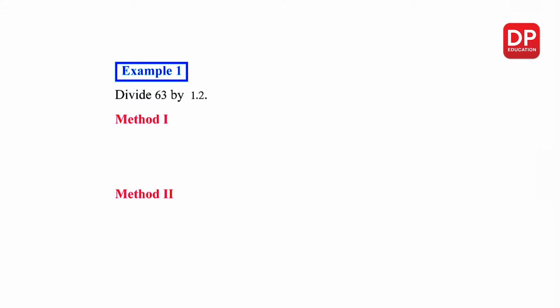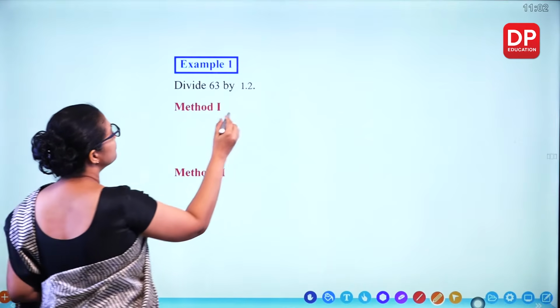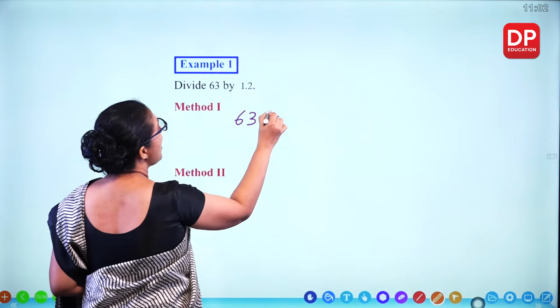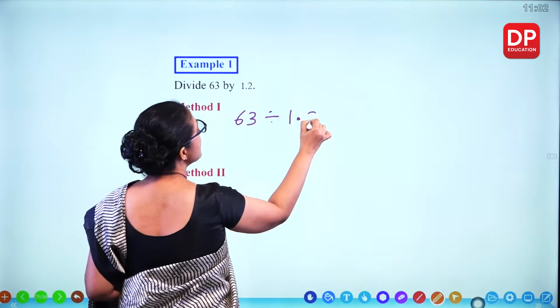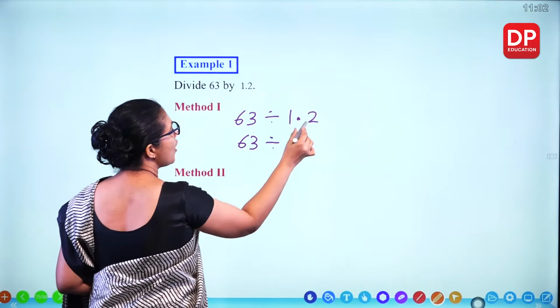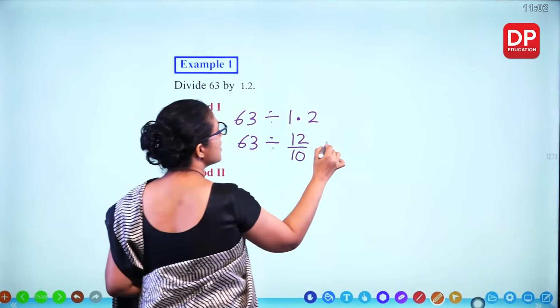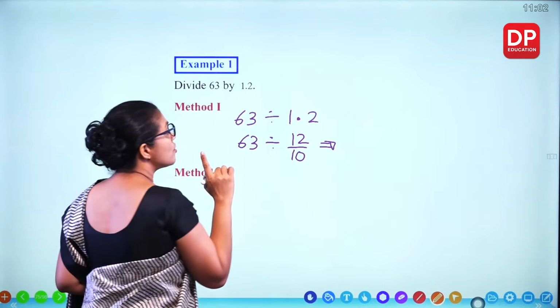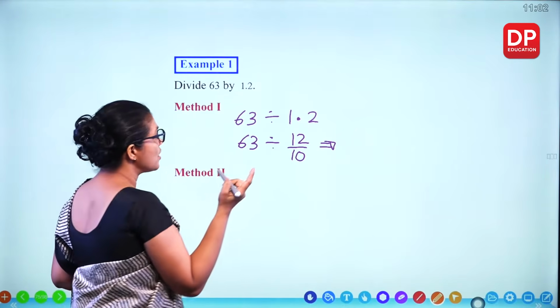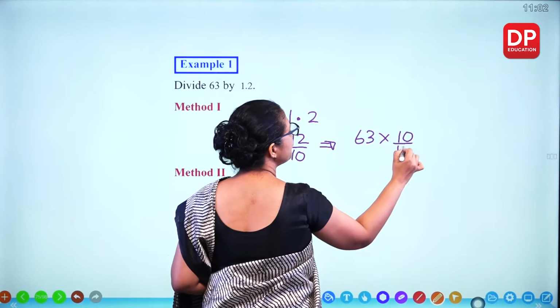Example number 1. Divide 63 by 1.2. We'll use the fraction method. 1.2 I can write as 12 over 10. Convert to a multiplication question. You get 63 multiplied by its reciprocal.